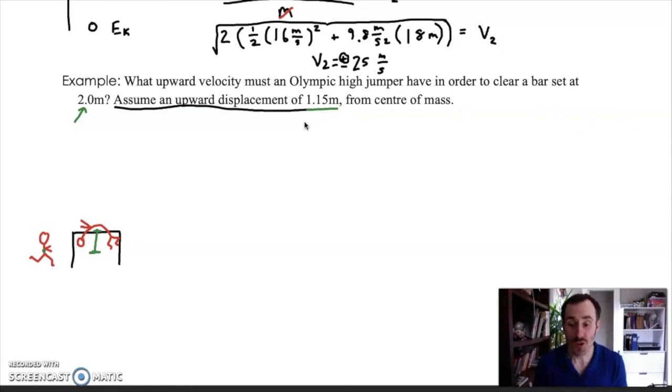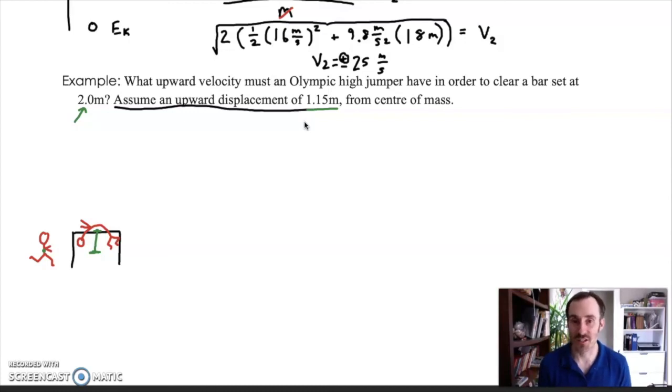Okay, so we're looking at from the point where this person takes off from the ground, they're going to have no potential energy. Okay, just like when I threw that ball up in the air, the ball wasn't on the ground, but we considered it to have zero potential energy when it was in my hand still. Okay, same thing with this person.